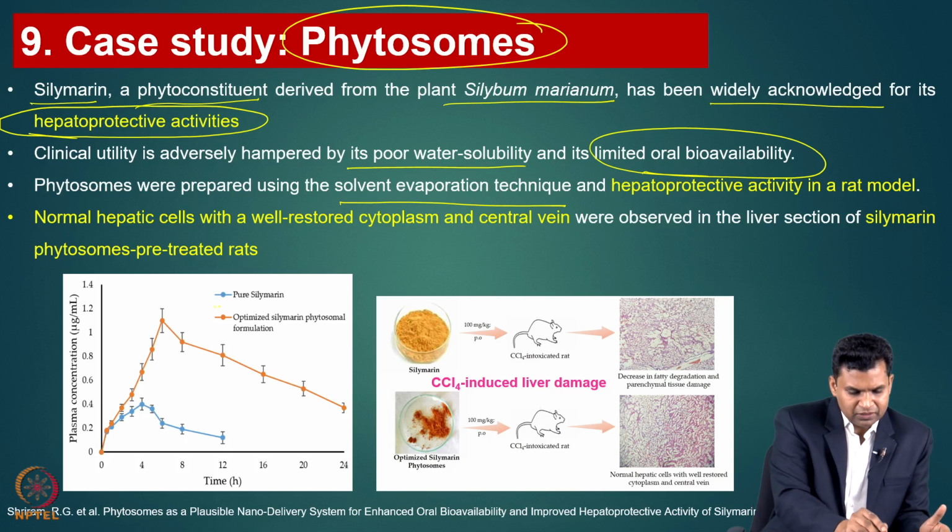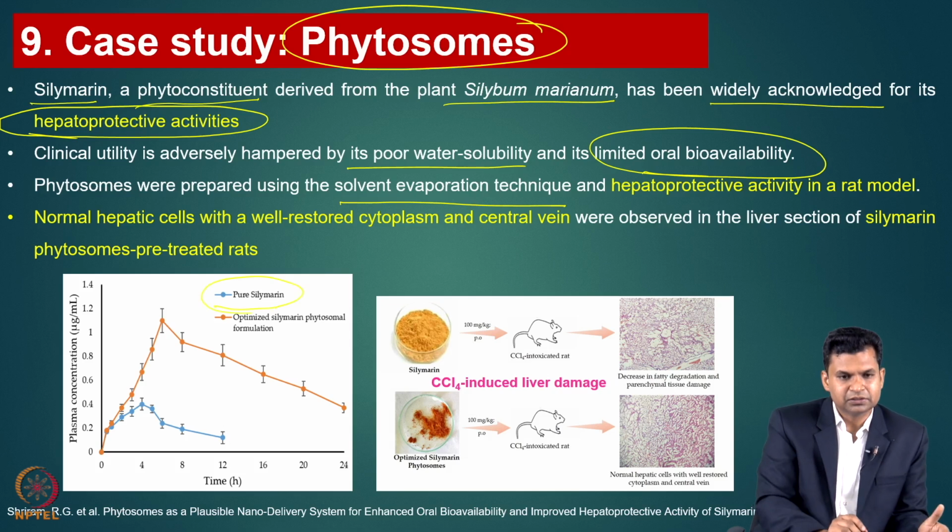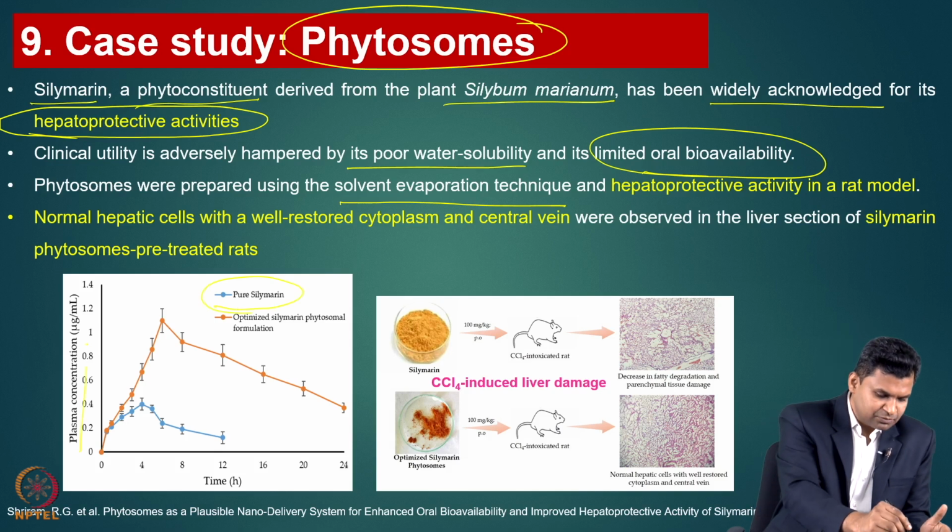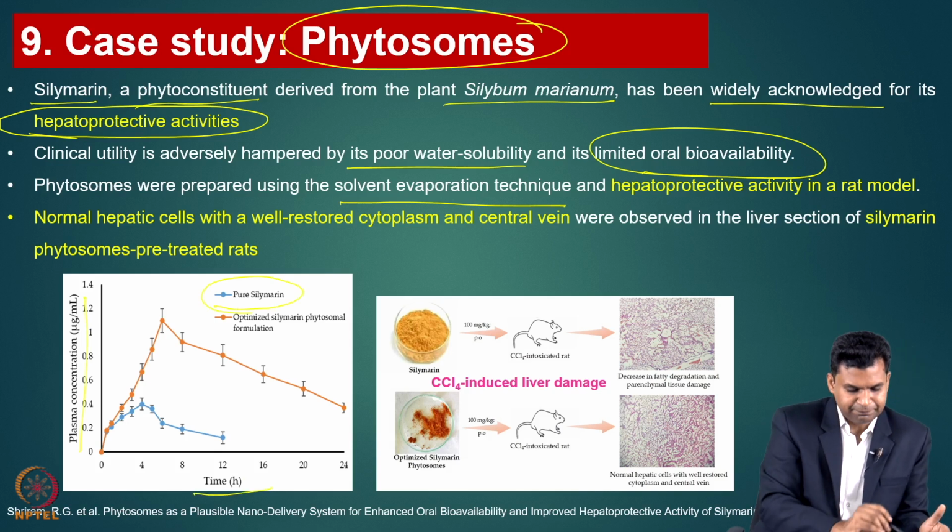Now you can see in the figure, the blue color represents the plain drug silymarin. This axis is the plasma concentration versus time.